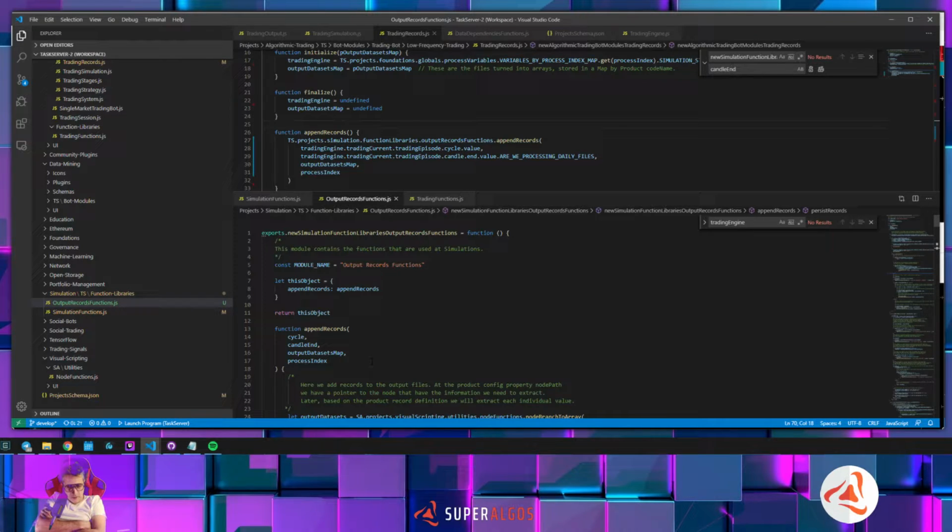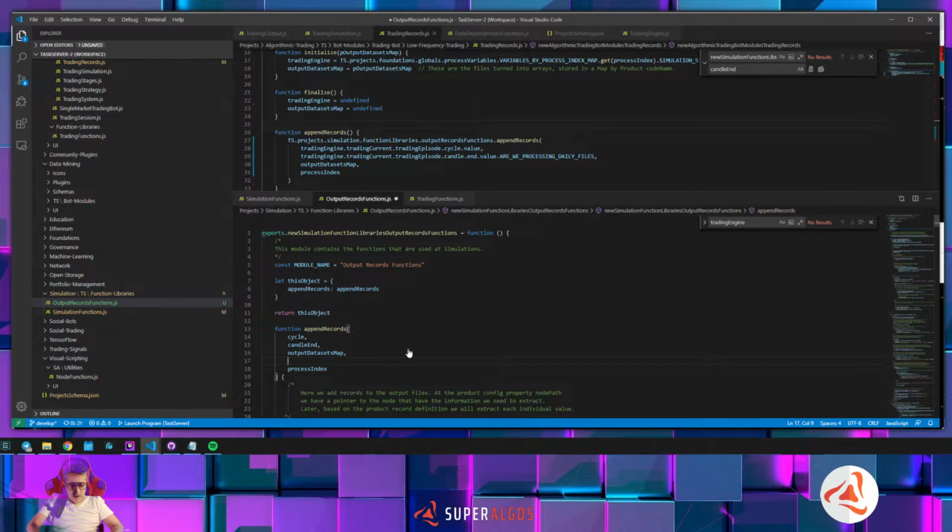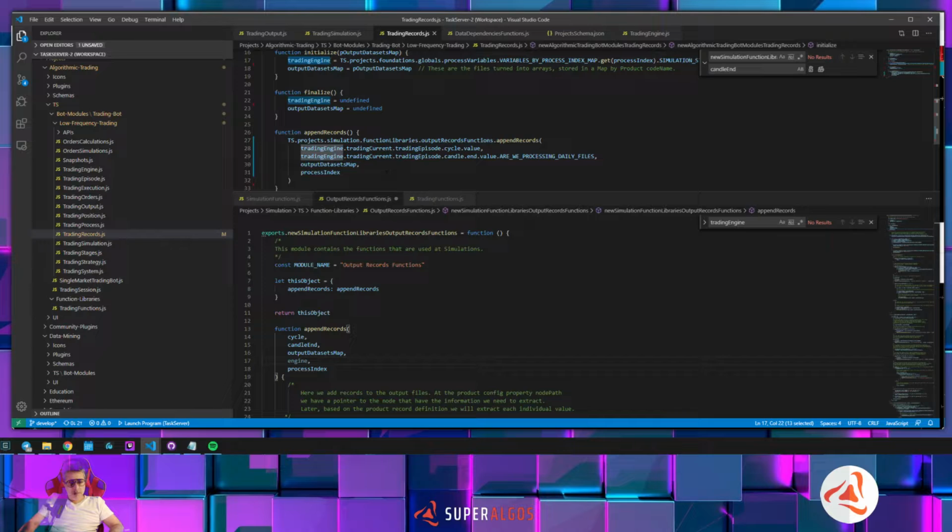Or maybe replace. Maybe I can send, for instance, the engine here. Engine. So I keep it generic. And here I send the trading engine.